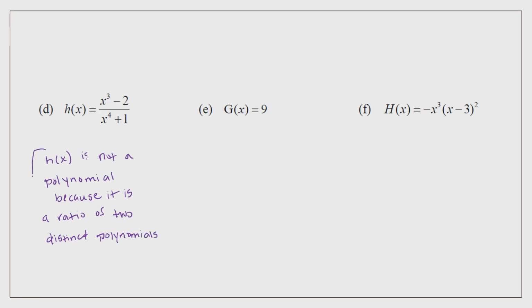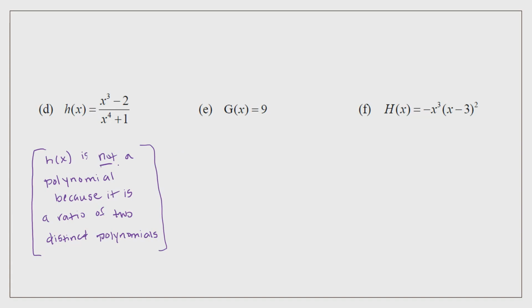So we have x cubed minus 2 in the numerator and x to the fourth plus 1 in the denominator, and both of those are considered polynomials. So this is a rational function where the numerator is a polynomial and the denominator is a polynomial. And therefore, h of x is not a polynomial.